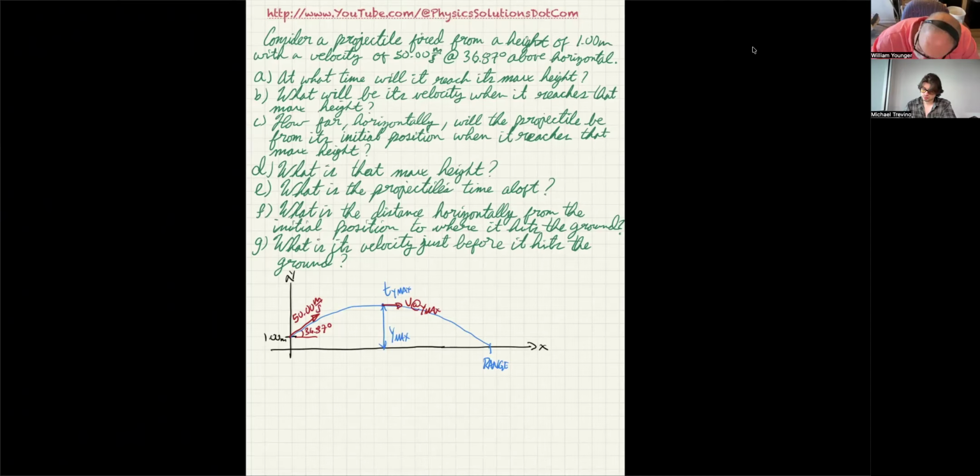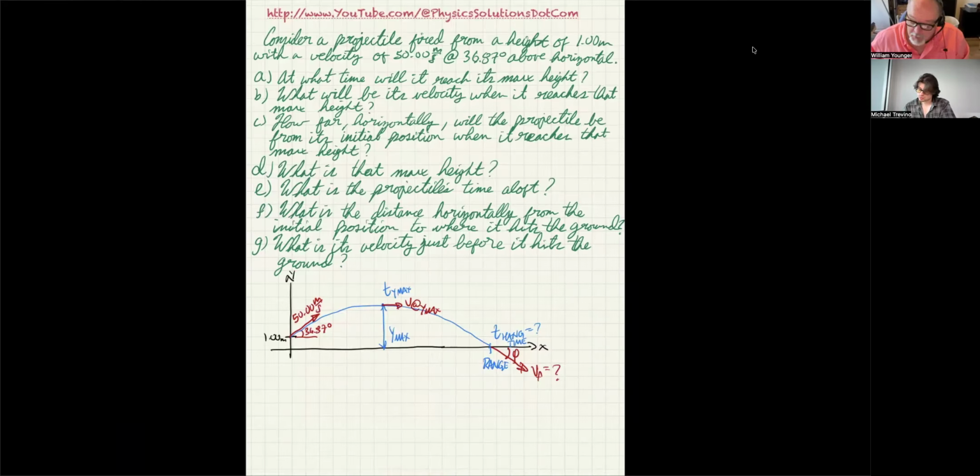And we're going to also have a t aloft, which is t hang time. And of course, it's also going to have a final velocity, which we're looking for, and that will have some angle phi that it makes with the horizontal.